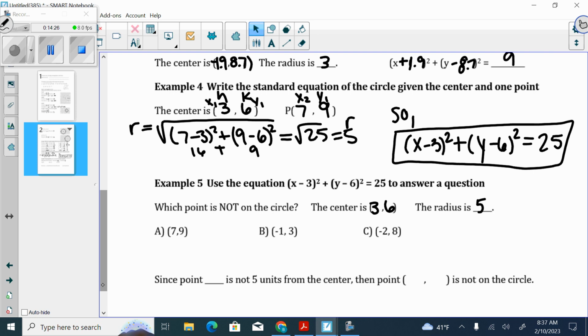So how would I figure that out? What would we do? Yes, plug the points into the distance formula. And if they don't give us a radius of 5, clearly it's not on our circle, right? So these are all going to be your x2's, y2's, while your 3, 6 is your x1, y1.